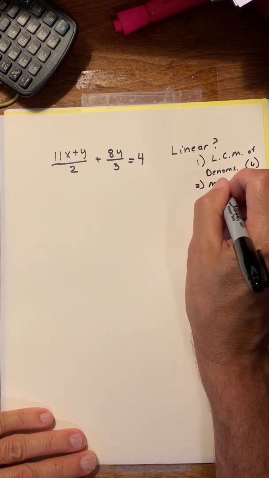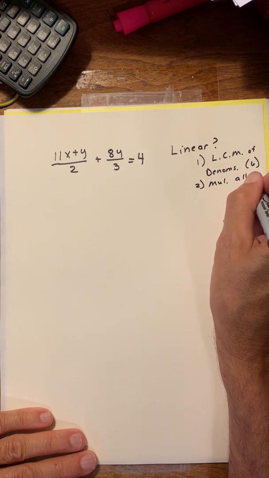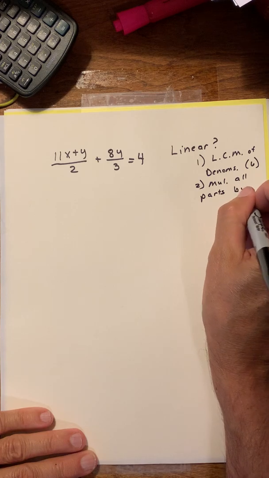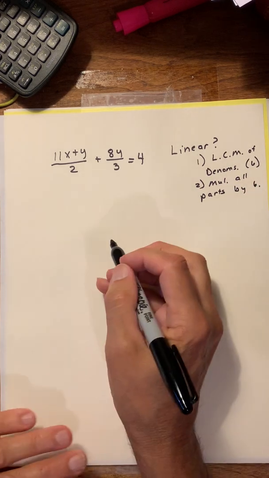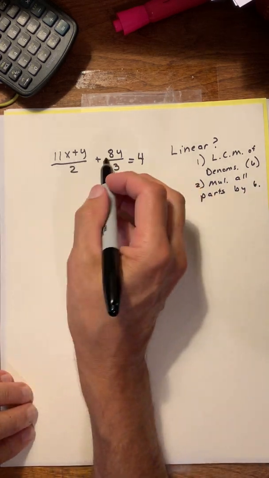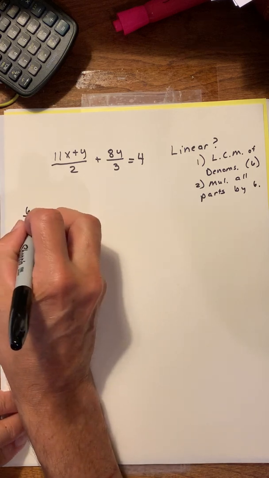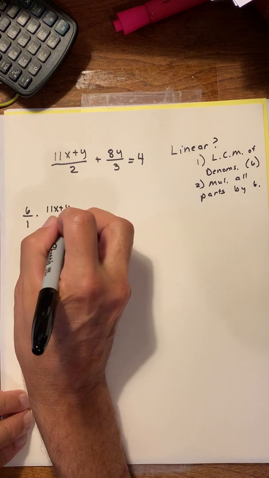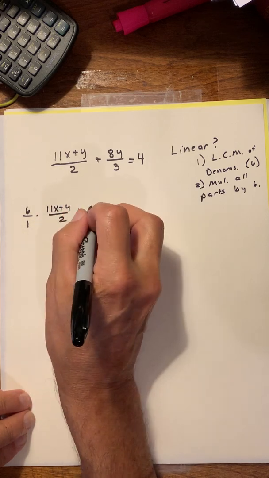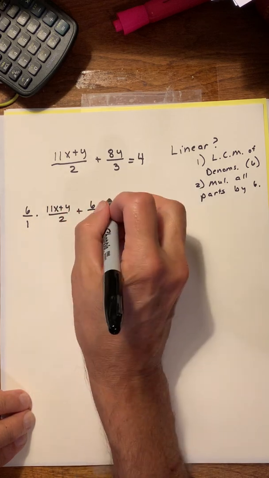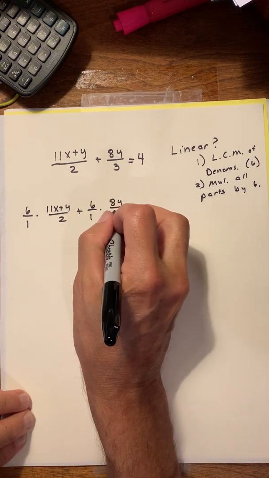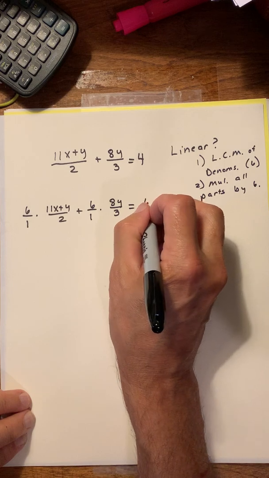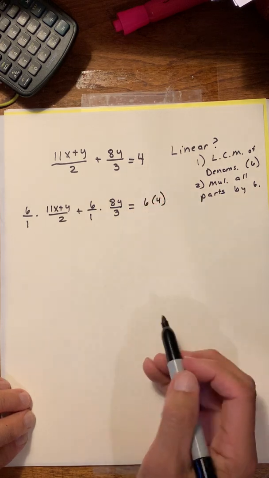So I'm going to multiply all parts by 6. And since these are fractions on the left, I'm going to put my 6 over 1. And since it's a whole number on the right, I can just multiply it like that.